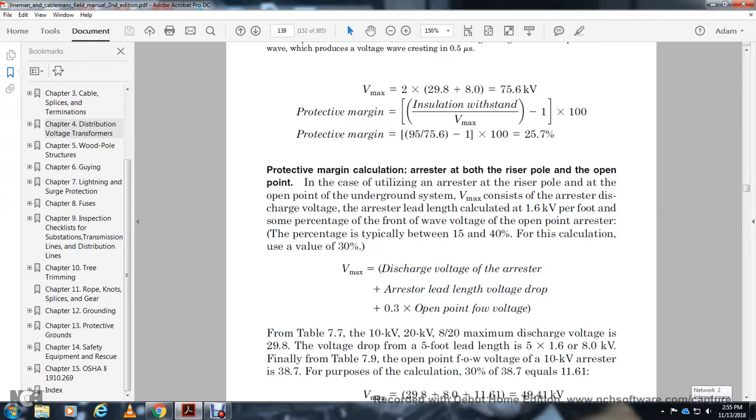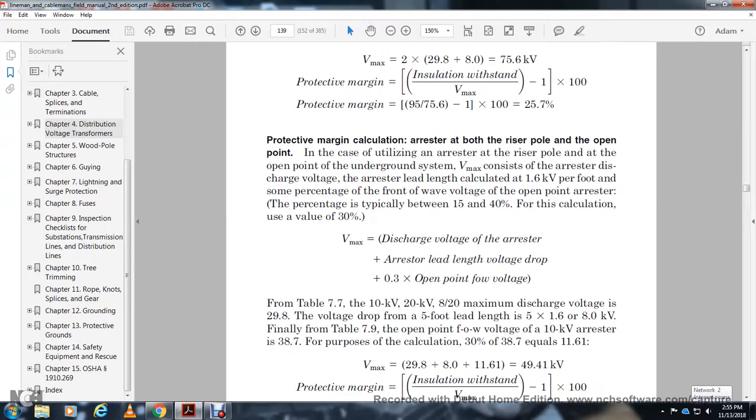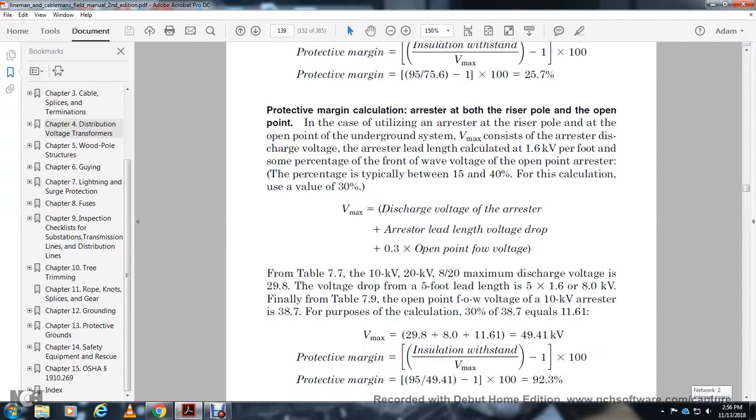Voltage maximum equals the discharge voltage of the arrester plus the arrester's lead length voltage drop plus 0.3 times the open point front-of-wave voltage. From Table 7-7, for the 10 kilovolt, 20 kiloamp 8/20, the maximum discharge voltage is 29.8, with the voltage drop of the 5 foot lead length being 5 times 1.6, or 8.0 kilovolts. Finally, from Table 7-9, the open point front-of-wave voltage for the 10 kilovolt arrester is 38.7. For the purpose of the calculation, 30% of 38.7 is equal to 11.61.